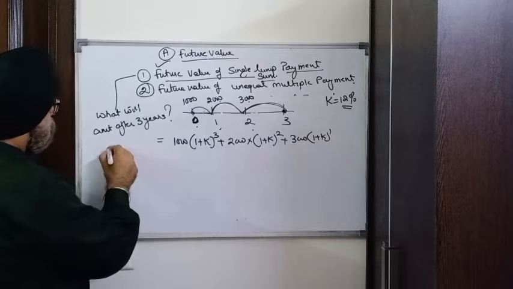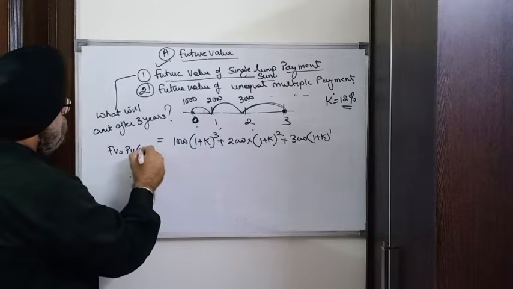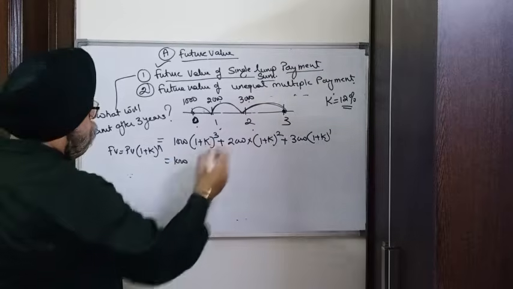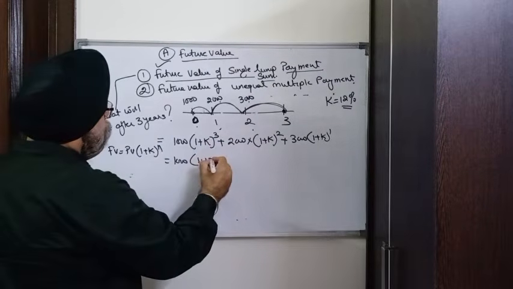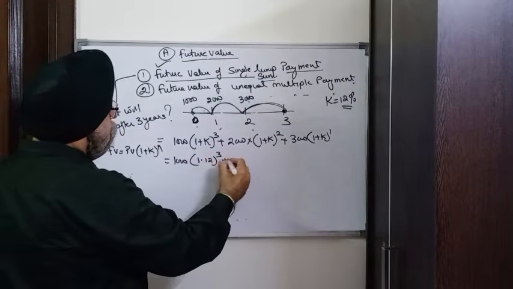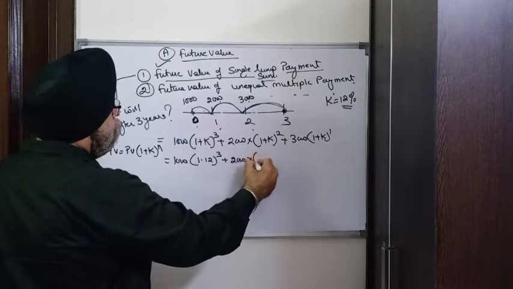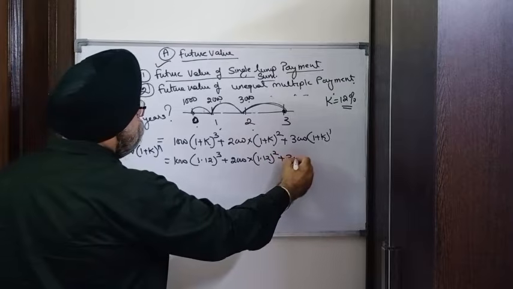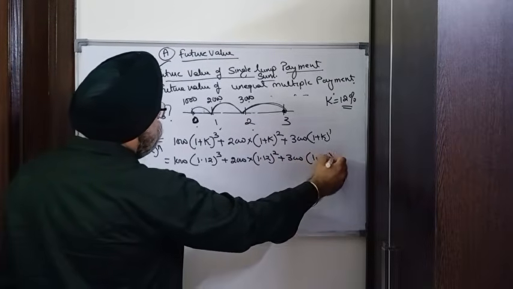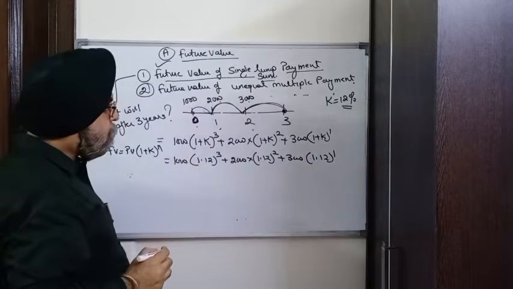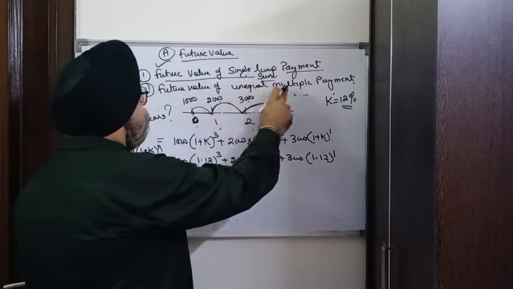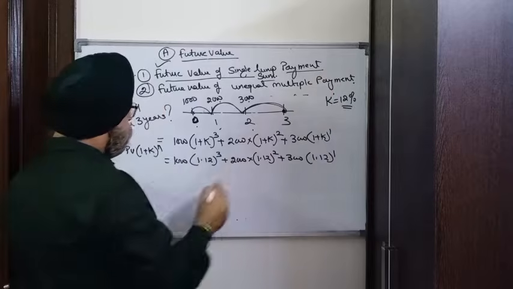Same formula, FV is equal to PV (1 plus K) raised to power N, and our K is 12%. 1,000 into 1.12 raised to power 3, plus 2,000 into 1.12 raised to power 2, plus 3,000 into 1.12 raised to power 1. Now this is future value of multiple unequal payments or receipts.